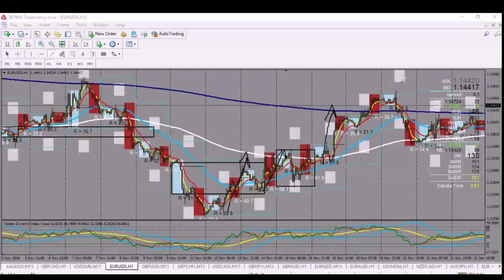Okay? And what do we get here? We get an M formation with this spike right here grabbing the orders right above the blue tracer. The blue tracer basically shows yesterday's high. So yesterday's high is right here.